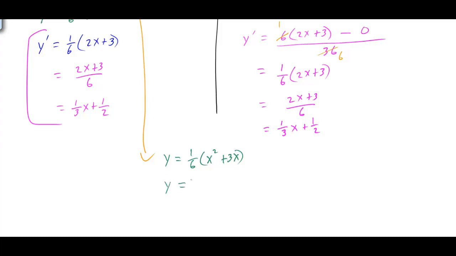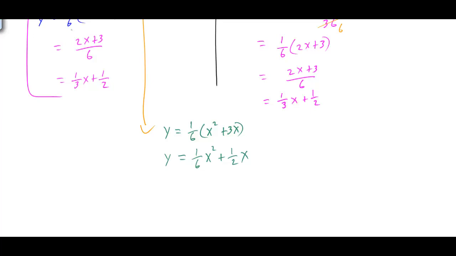We could continue to rewrite this and actually distribute the 1/6, and we would end up with 1/6 x squared plus 3 over 6, which would be 1/2 x. So you could distribute the 1/6 first and then take the derivative, and you would get 2 over 6, which would be, well, I'll just write it as 2/6 x plus 1/2, and realize we get 1/3 x plus 1/2. So you could also work it out this way as well.